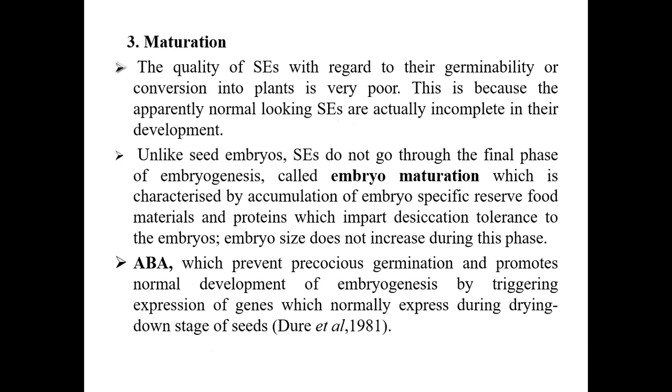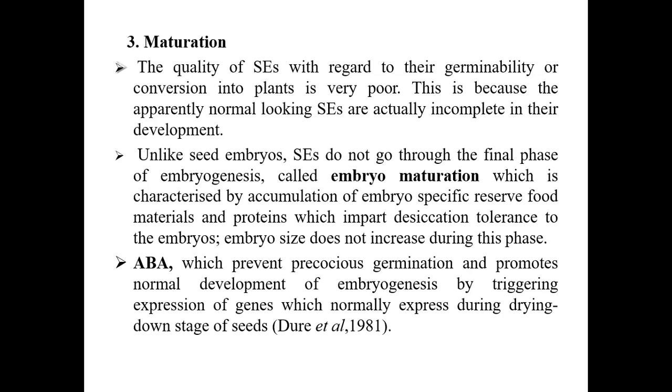And the third, phase three, is where the plantlet develops from the globular embryos via heart-shaped or catenary phases. So you can see that unlike seed embryo development, somatic embryos do not go through the final phase of embryogenesis, called embryo maturation, which is characterized by the accumulation of seed storage or embryo-specific reserve food material and proteins, which impart desiccation tolerance to the embryos.